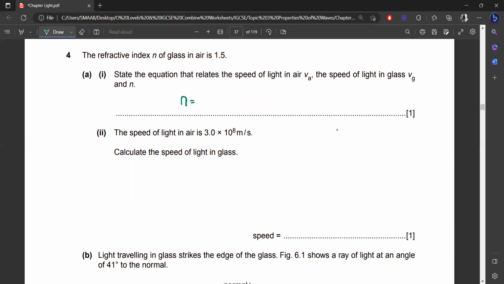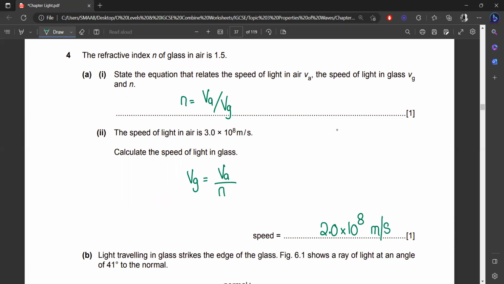The formula of refractive index is n equals the speed of light in air divided by the speed of light in glass. And we need to calculate the speed of light in glass. So we need to use the same formula again, right? That is VG equals VA divided by n. So that will be equal to 2 times 10 to the power 8.